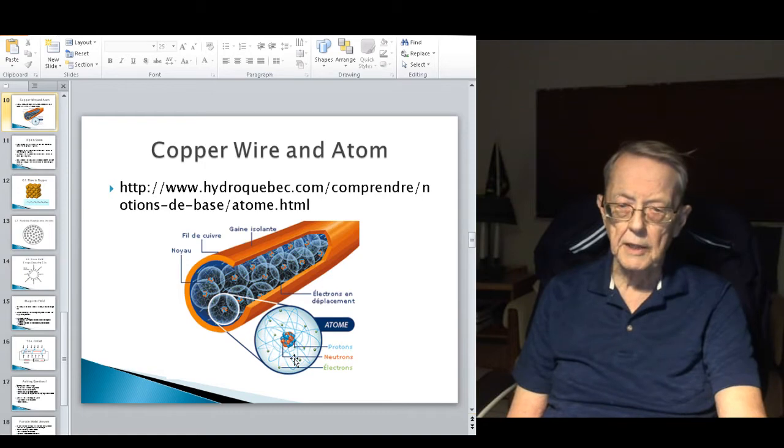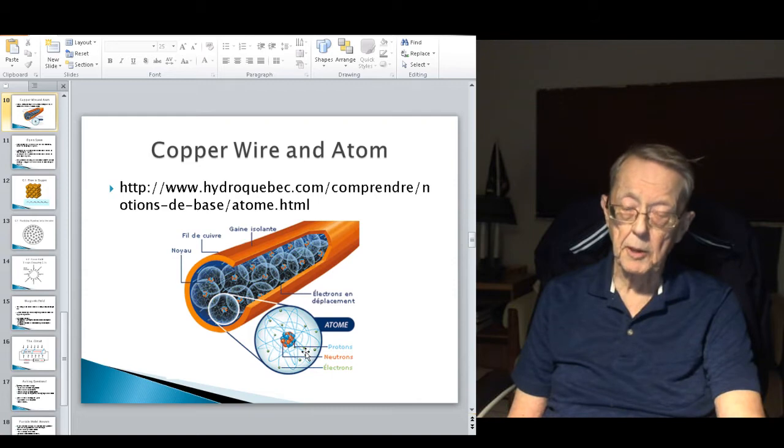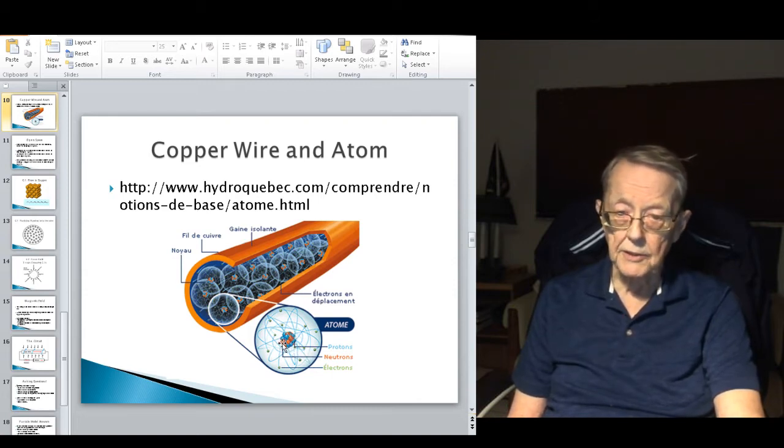Now, this is the classical model where the nucleus is made out of protons and neutrons, and there are electrons orbiting. In the particle model, we've changed that. There are no protons and neutrons. There are only nucleons, and the electron is replaced by the G1 particle as a G1 orbital.